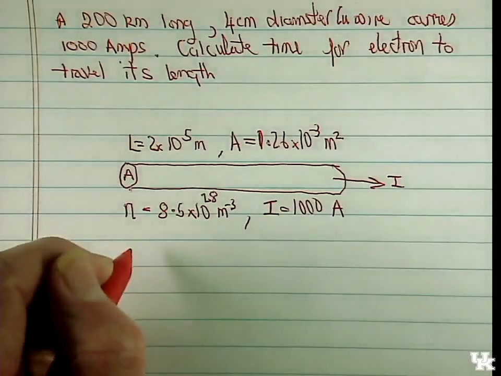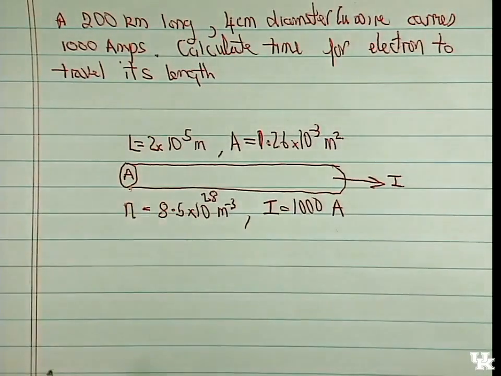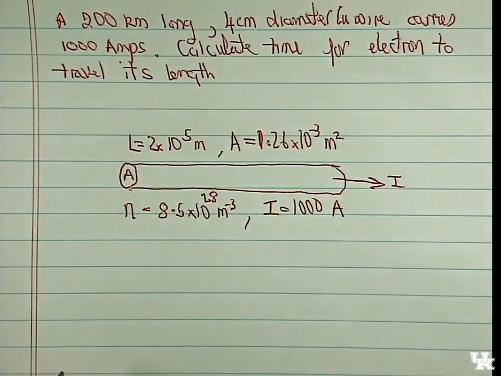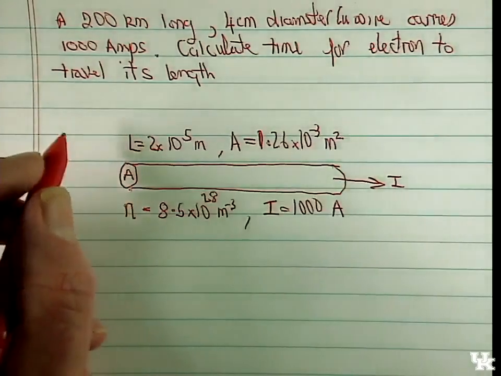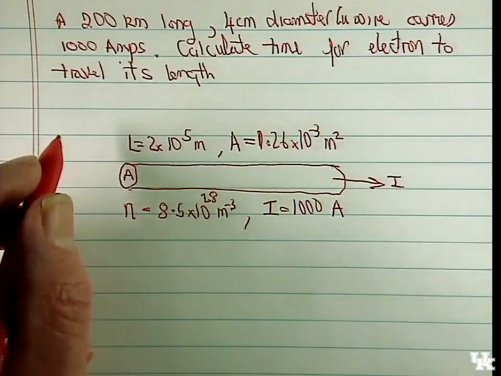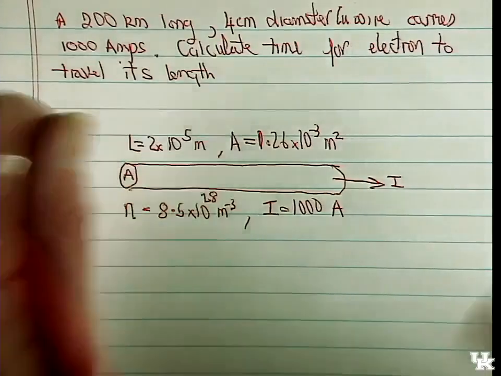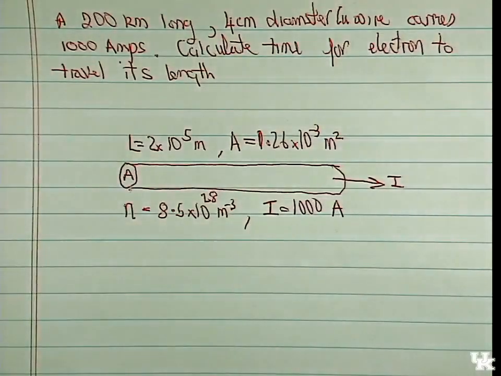Okay. So I want to figure the time that it's going to take one electron to travel the length of the wire. And I'm going to figure that by firstly figuring out the drift velocity of that electron along the length of the wire, because that's how it's going to get from one end to the other end. So I'm going to find that drift velocity v subscript d.